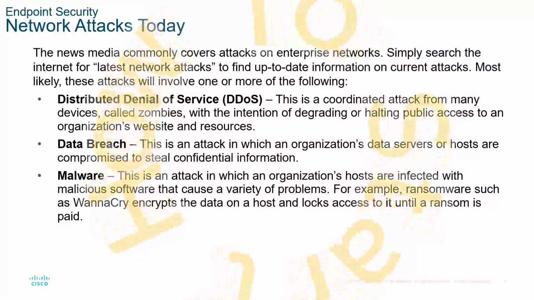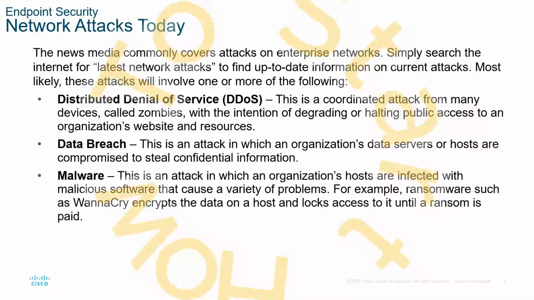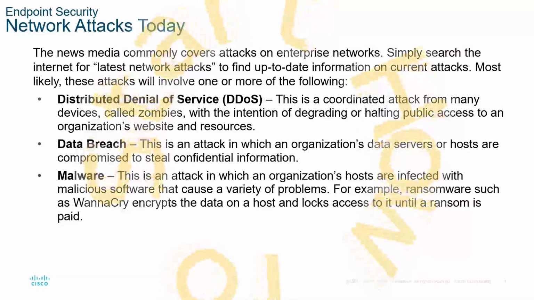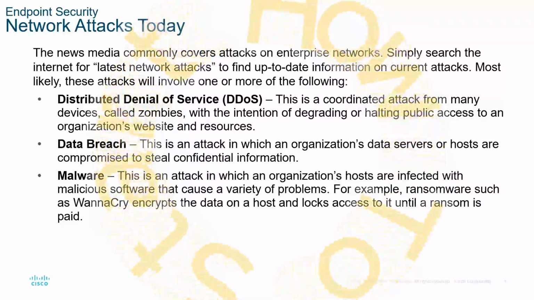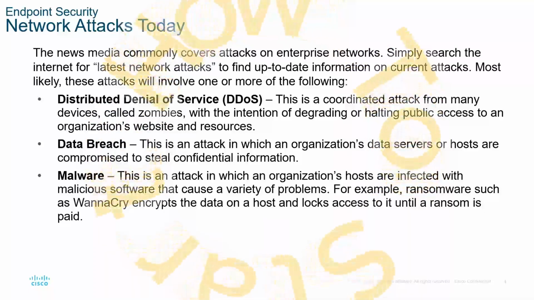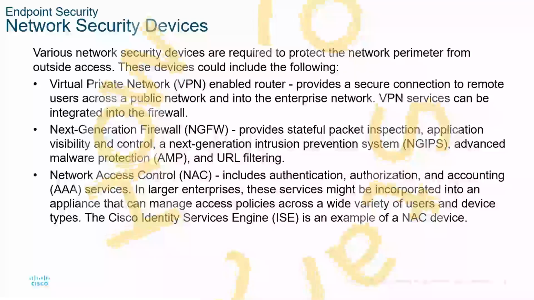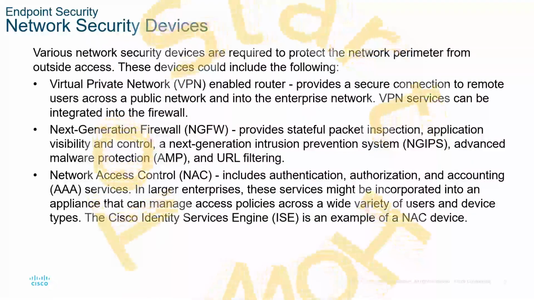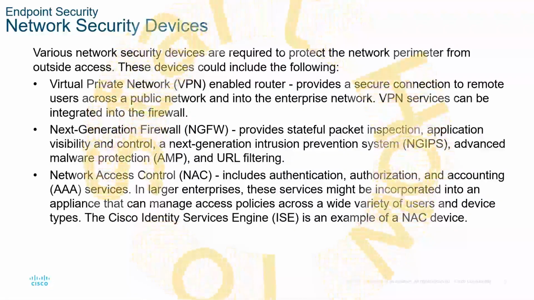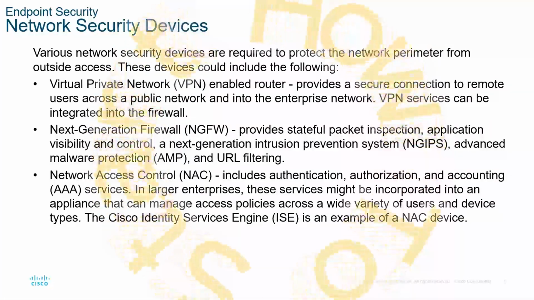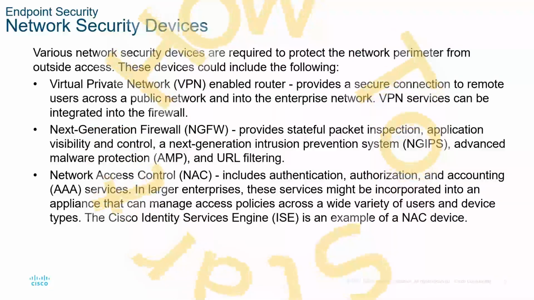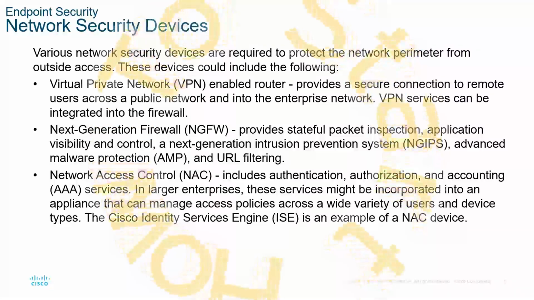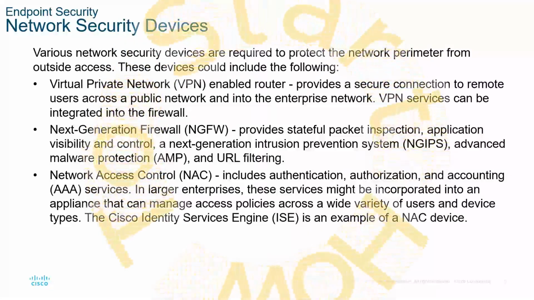So these types of attacks are growing because of the interconnectivity of all of our end devices. The fact that almost everything now is connected to a network in some form or fashion only pushes these types of attacks to grow. So some of our security appliances, things like network access control or AAA servers or Cisco's ICE servers or next generation firewalls and VPNs, all of these things are hardware type devices or systems that are providing protection for that network at the perimeter.